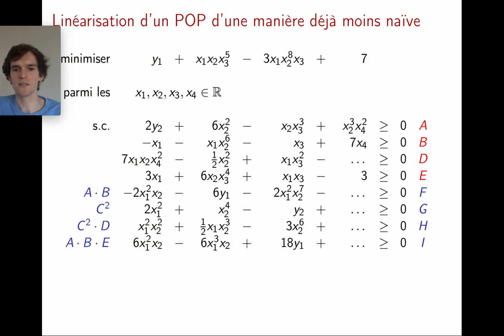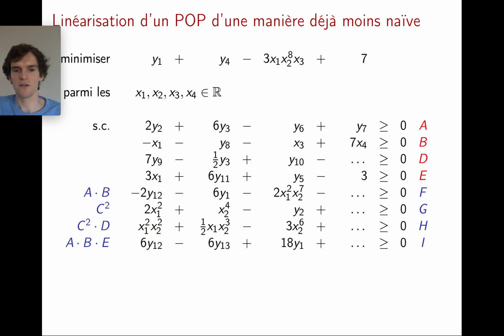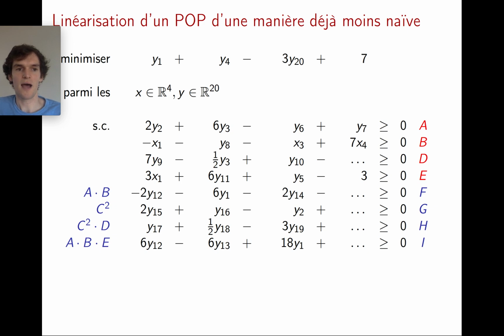If we just keep doing this, we replace this by y4, y5, we replace all these monomials by these lifted variables, and we're going to end up again with a linear program. Now this linear program has more variables: the 4 original variables plus 20 new lifted variables, and we also have more inequalities.